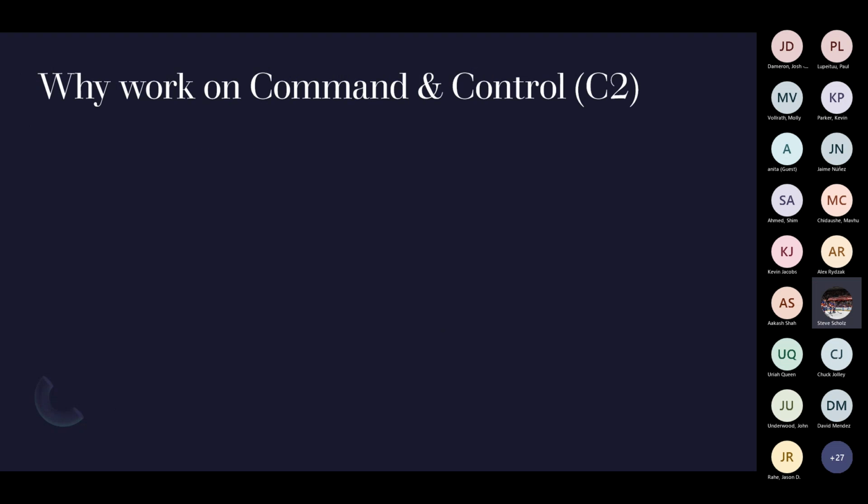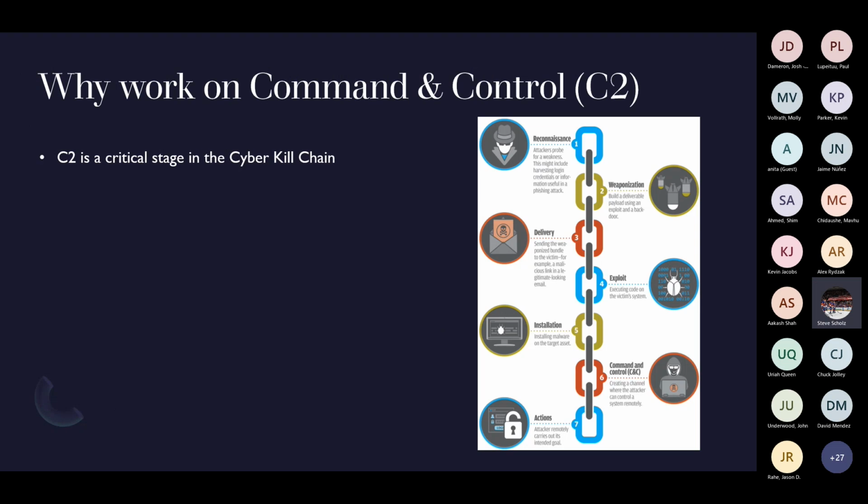So why work with command and control? When you look at the cyber kill chain, C2 is actually very critical. It's going to be the last place where we can actually make a block if we have not made a block prior to that. So you can see they're going to do things like reconnaissance, weaponize, delivery, exploit.